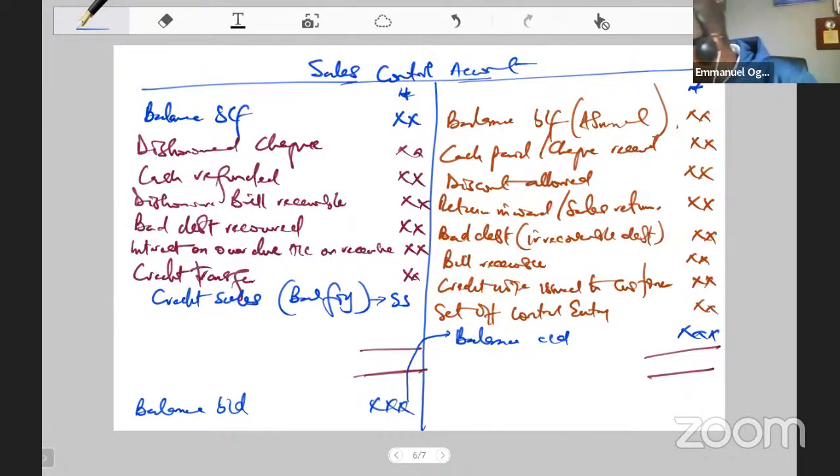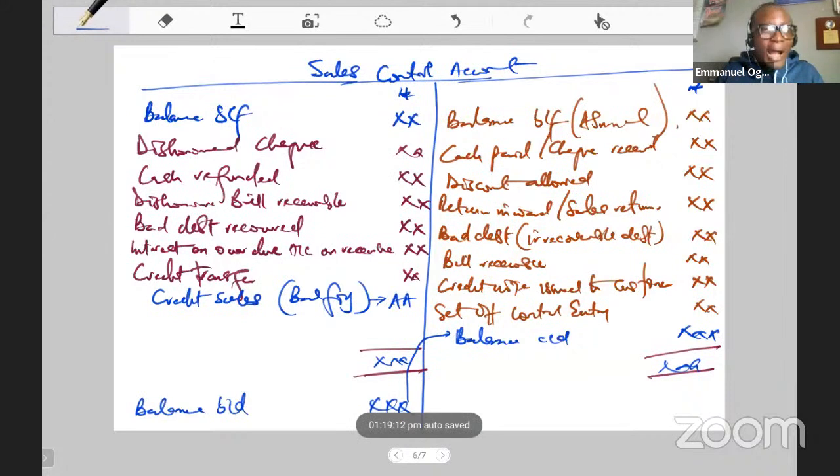So you put the balancing figure, then you close all your accounts. I want to denote it as AA. And that is how to prepare a sales control account. You might have other names for it: sales ledger control account, or you can call it sales total account. Are we together?